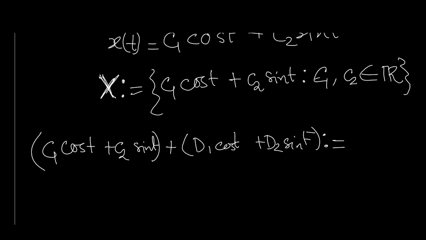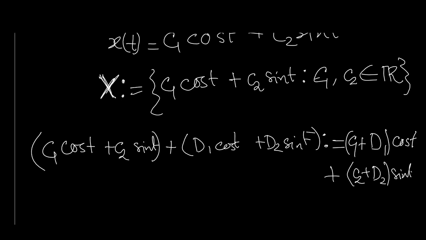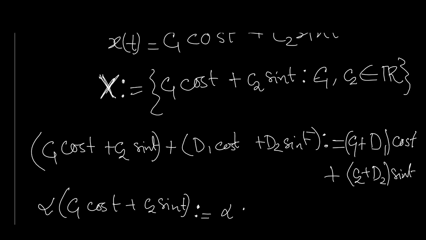If we define it this way, and also if alpha is a real number, then alpha times (c1 cos t plus c2 sin t), we are defining it, is equal to alpha c1 cos t plus alpha c2 sin t, right? This is possible for all alpha belonging to R.